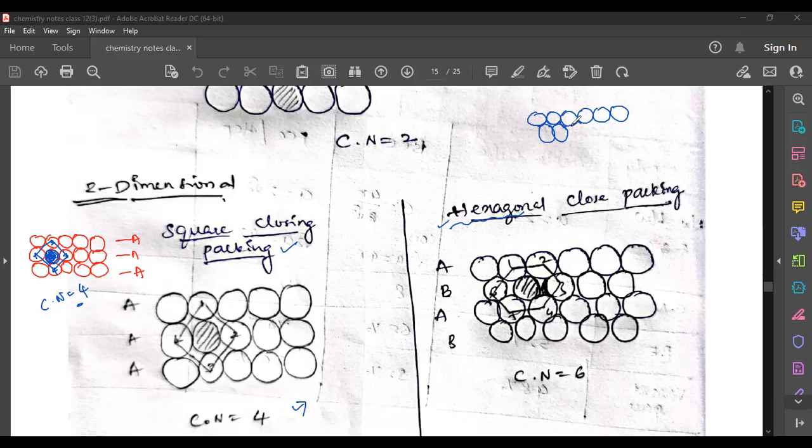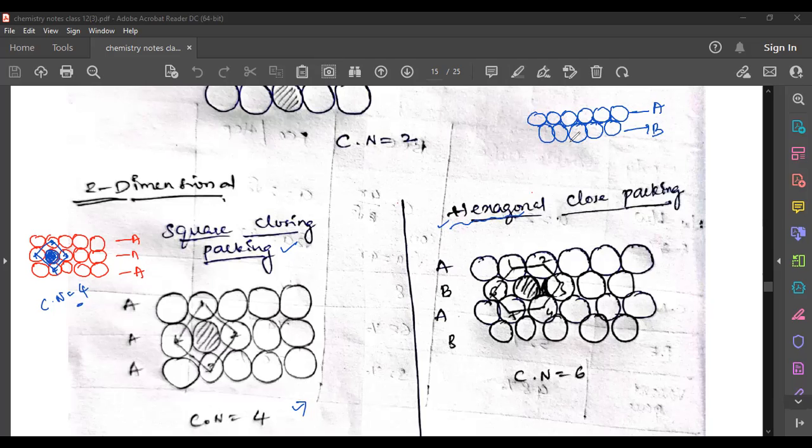Wherever the gap is forming here, we'll place the second row atoms in the depressions. This is one depression, and we'll place one here, and one more here, like this. That means this is the A type of arrangement, and this is the B type of arrangement. Now, where will we place the third row here?